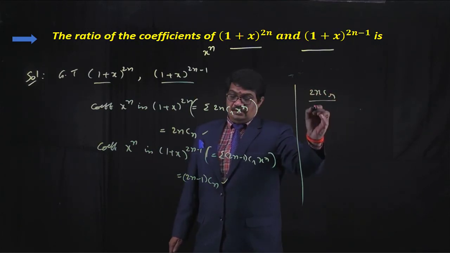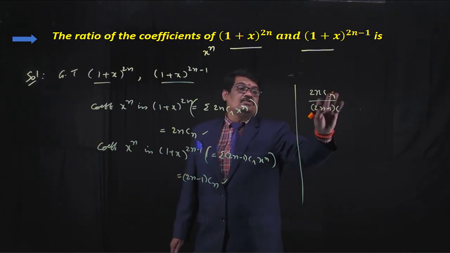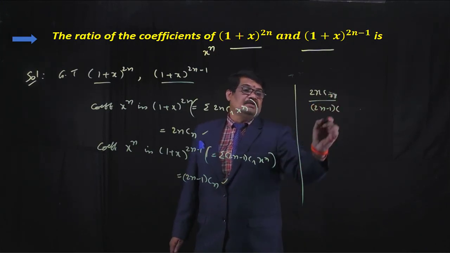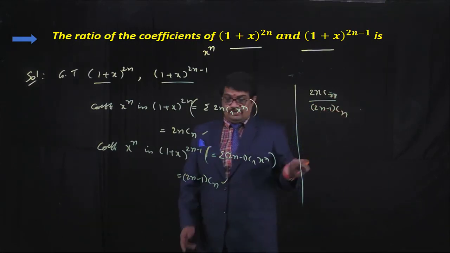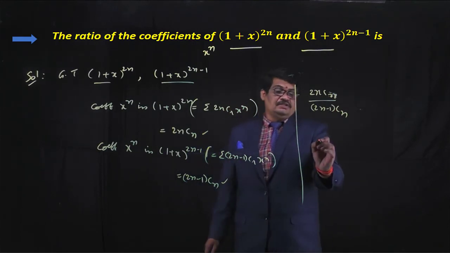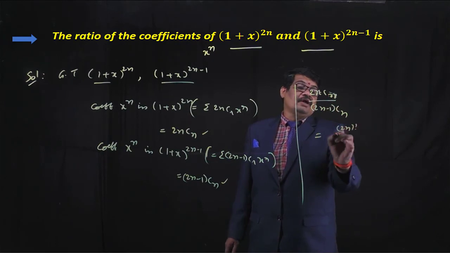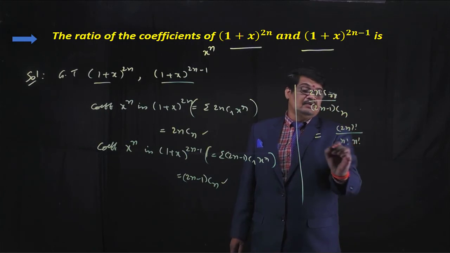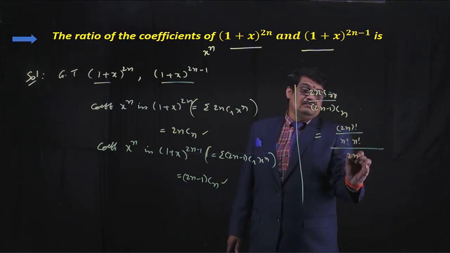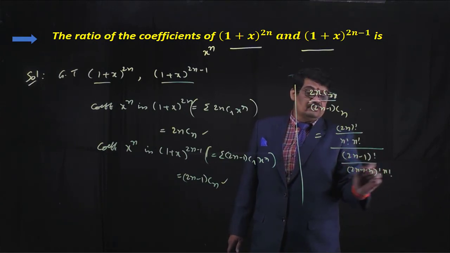The ratio is 2nCn by 2n minus 1 Cn. Now we are finding this ratio: 2nCn is 2n factorial by n factorial into n factorial, and in the denominator 2n minus 1 factorial by (2n minus 1 minus n) factorial into n factorial.